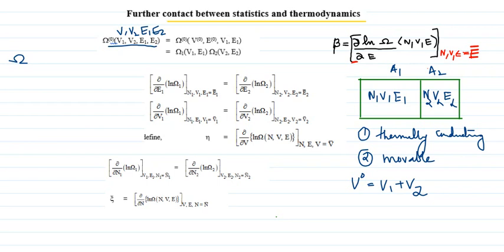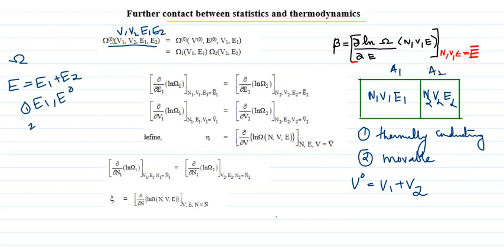Why is it like that? Because E0 is a constant and is equal to E1 plus E2. Since E0 is a constant, E2 is related to E1. So instead of two variables, you will have just one variable E1 and a constant E0.